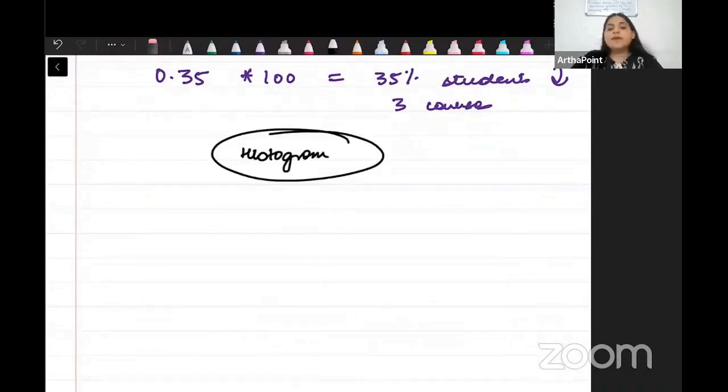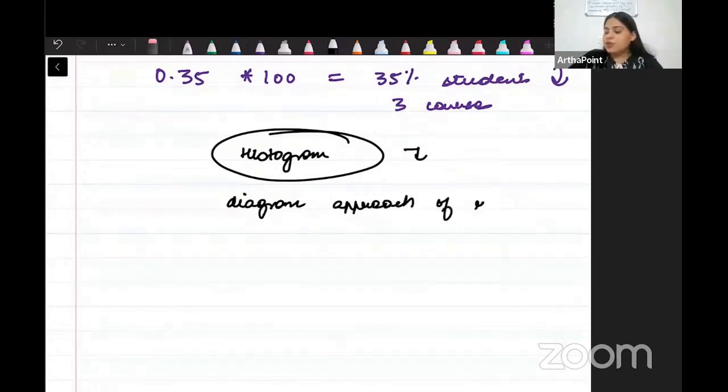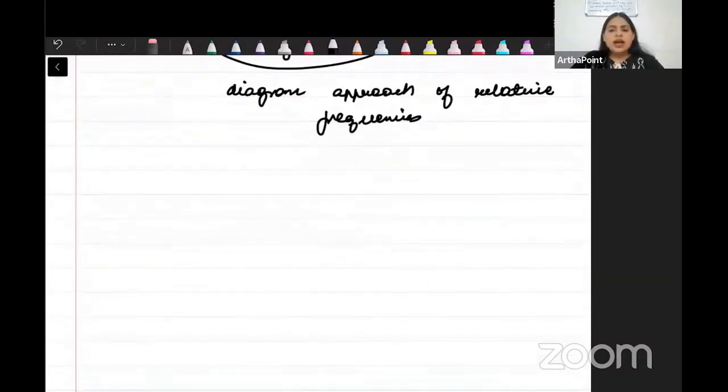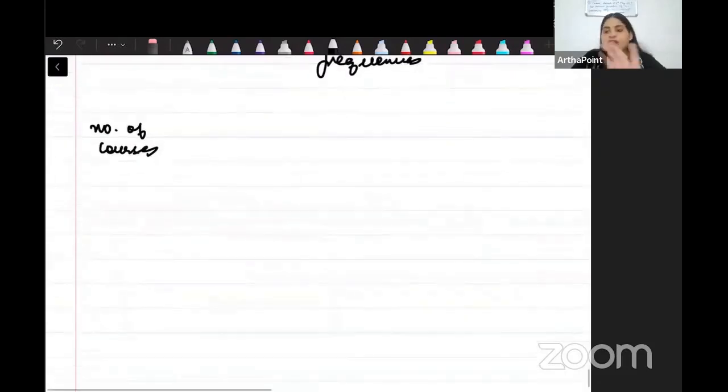Now, from here, I want to talk about the histogram. A histogram is basically a diagrammatic approach of these relative frequencies. Take an example. Suppose again, I want to talk about these same students who can take different numbers of courses in a semester. It is your choice to take one course, none, or 6.